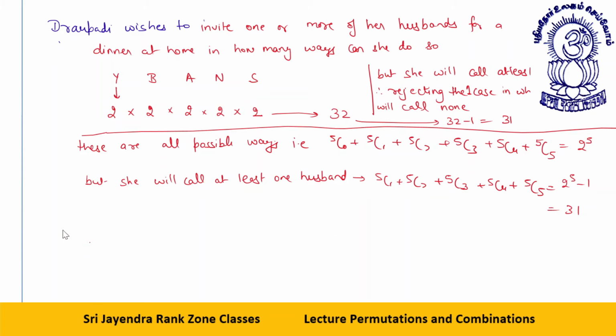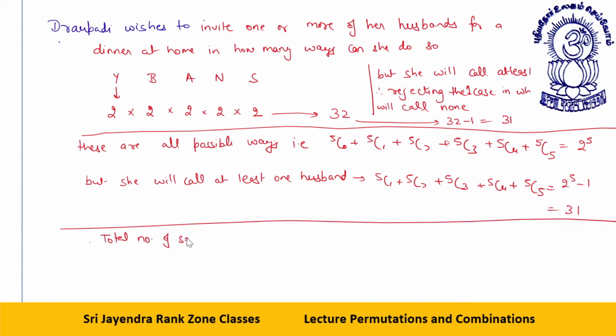Total number of ways, total number of selections out of n different things. Total number of selections out of n different things is 2 raised to power n.